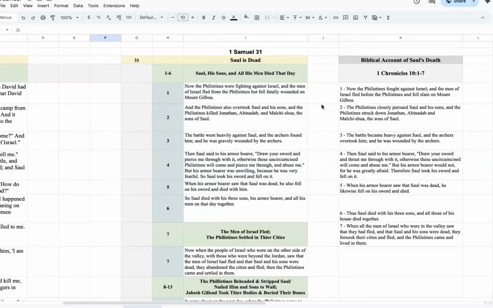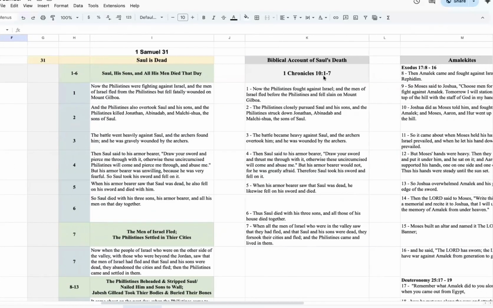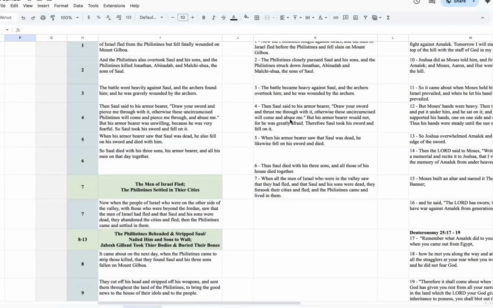So yeah, and then she takes you into First Chronicles 10:1-7. "Now the Philistines fought against Israel, and the men of Israel fled before the Philistines and fell slain on Mount Gilboa. The Philistines closely pursued Saul and his sons, and the Philistines struck down Jonathan, Abinadab, and Malchishua, the sons of Saul. The battle became very heavy against Saul, and the archers overtook him, and he was wounded by the archers.